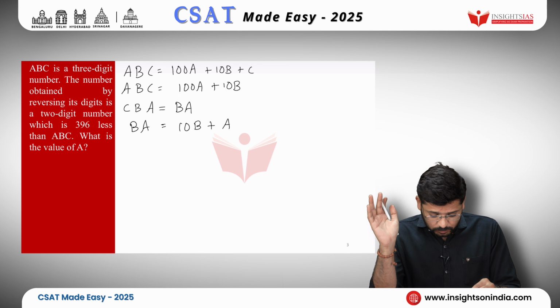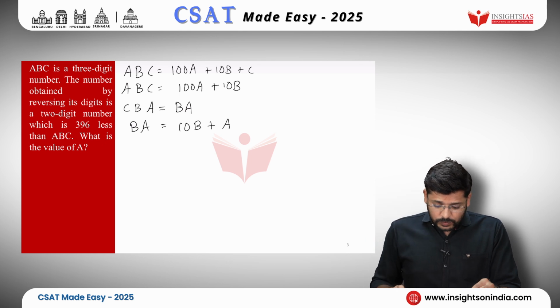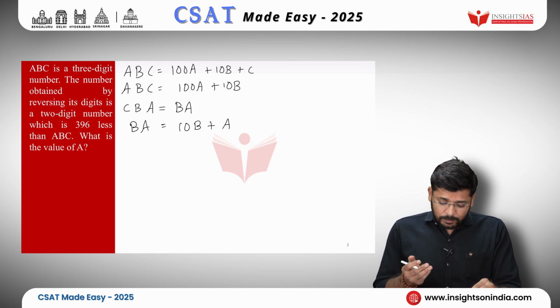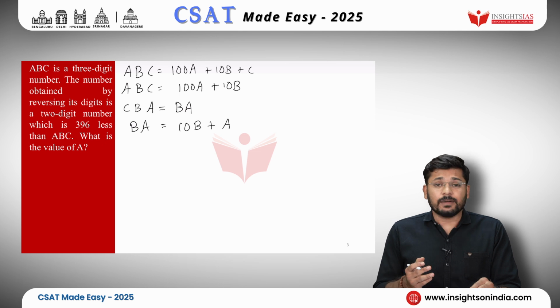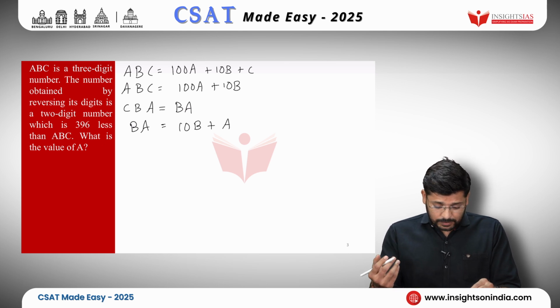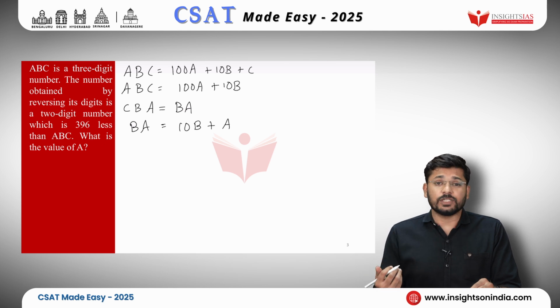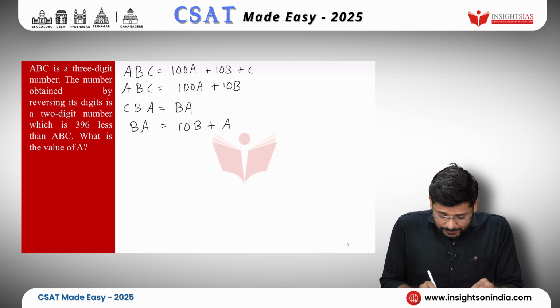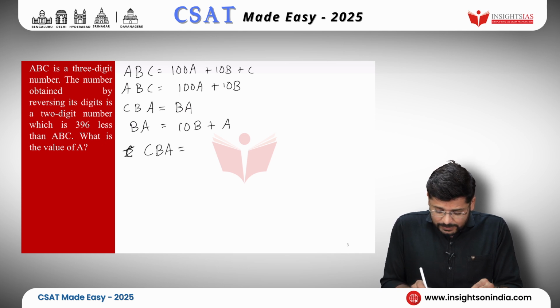Okay. Now we shall use the second condition, that the 2-digit number is 396 less than the original number. So the condition says that CBA is 396 less than ABC.